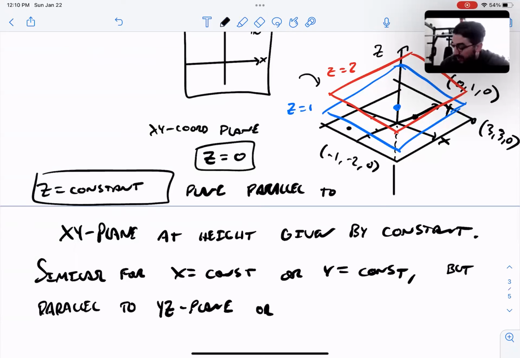And same with y equals a constant, that's going to be parallel to the xz plane, respectively. So there's a nice family of planes that we can talk about.